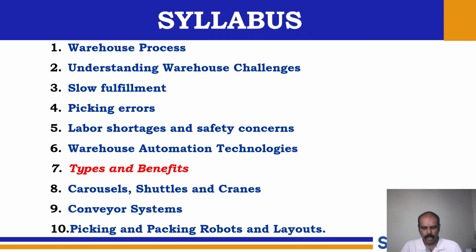Then the solution is applying automation-based technologies, and we learned what warehouse automation is and what the cluster of technologies is. There are 10 such technologies, and now we'll get into types and benefits. What are the different types of automation, and what are the indirect as well as the direct benefits? We'll learn about all these things in the presentation.